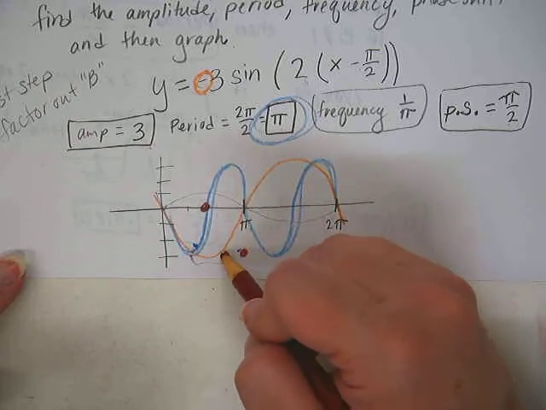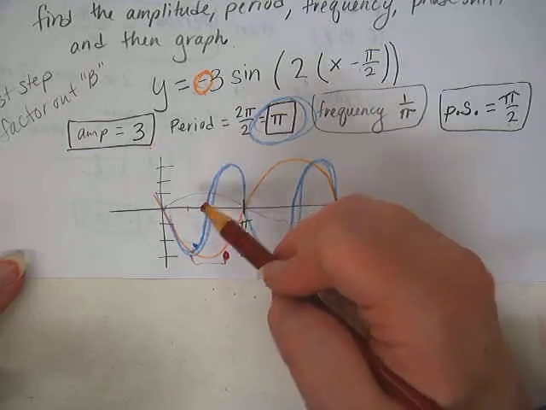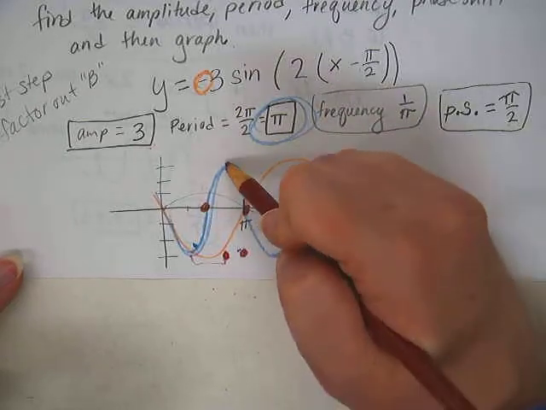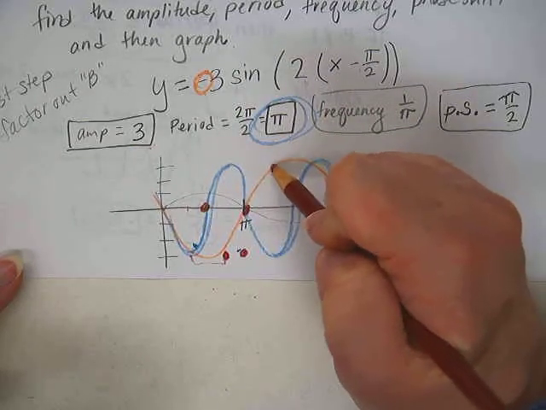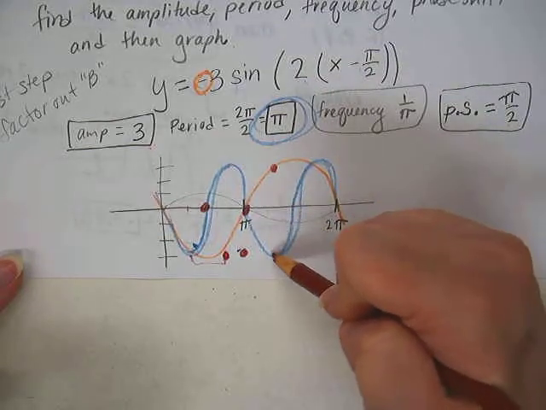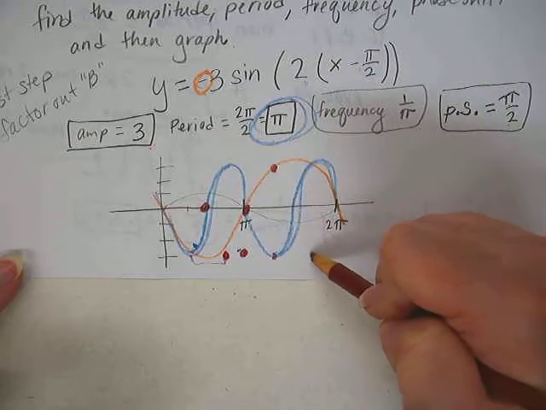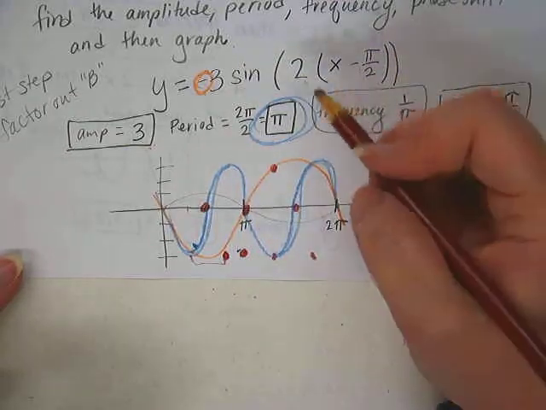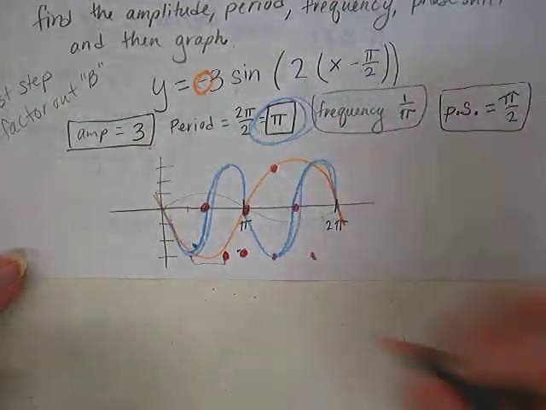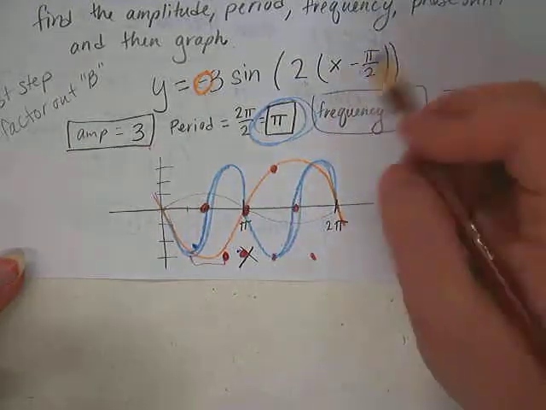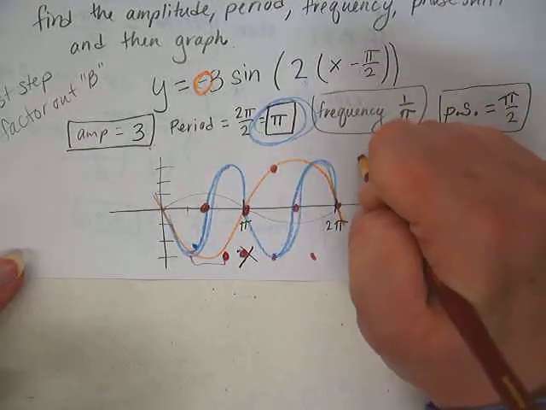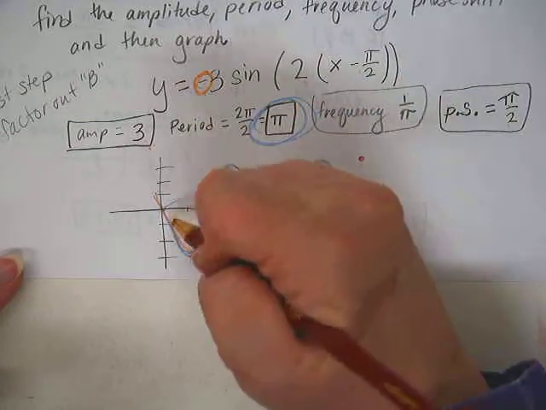This one's like pi fourths in between, isn't it? So I put that in the wrong place. I knew something was wrong. Okay, so that minimum goes to that point there because we're moving it over pi halves. And then this point moves to there. And this point will move to there. And this point will move to there. And this point moves to there.